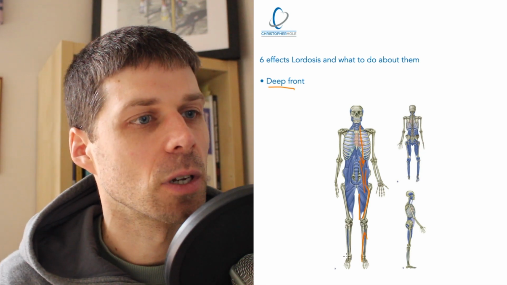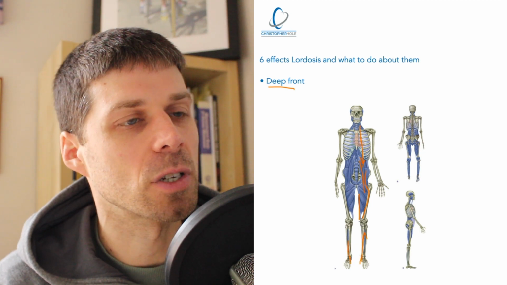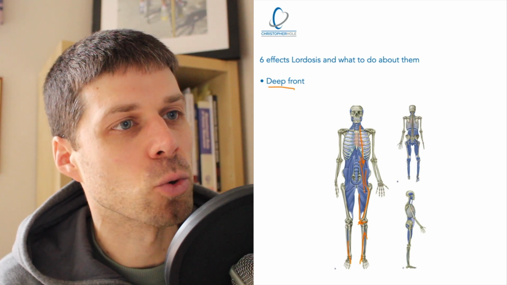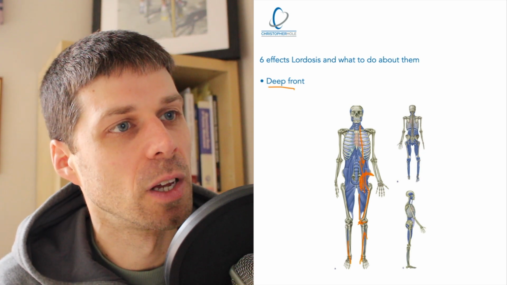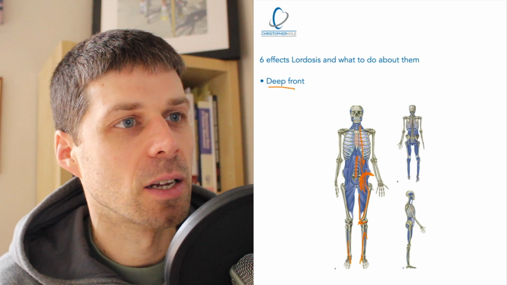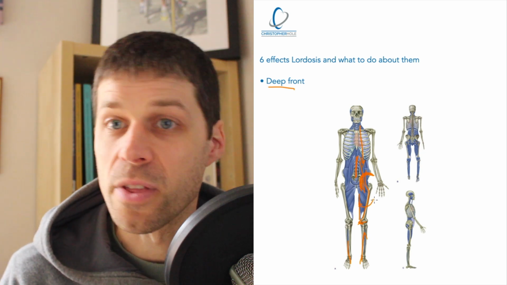So we've got tightness going all the way through the inside of the foot, up the shin, pulling the knee inwards. We've got the muscles up here tilting the pelvis forward and exaggerating the curve here. Again, that creates internal rotation here and all the muscles involved within that.